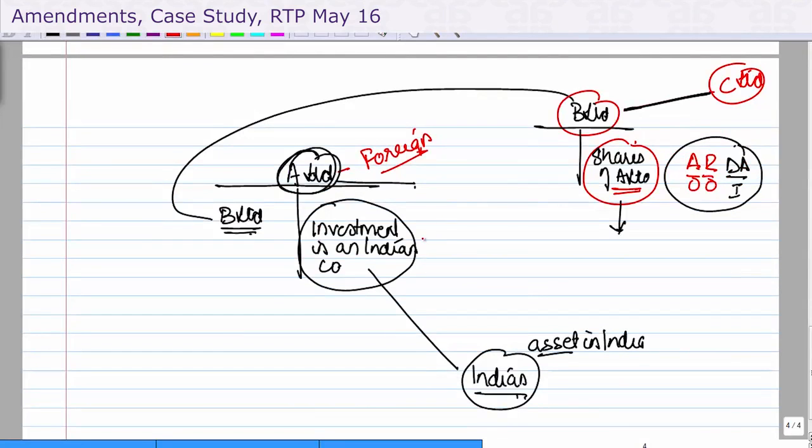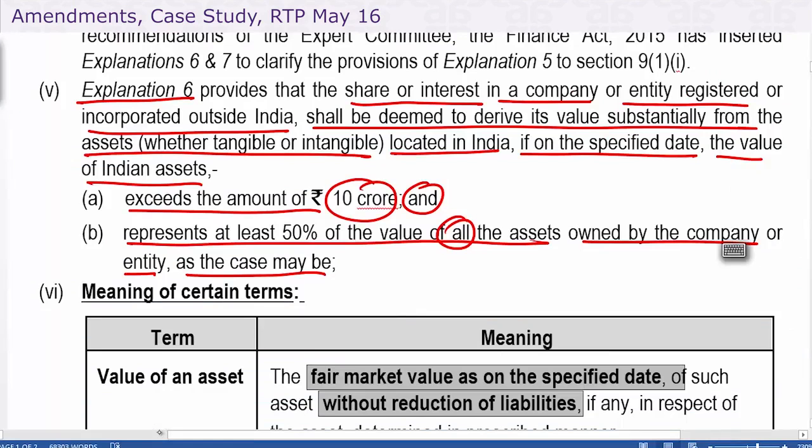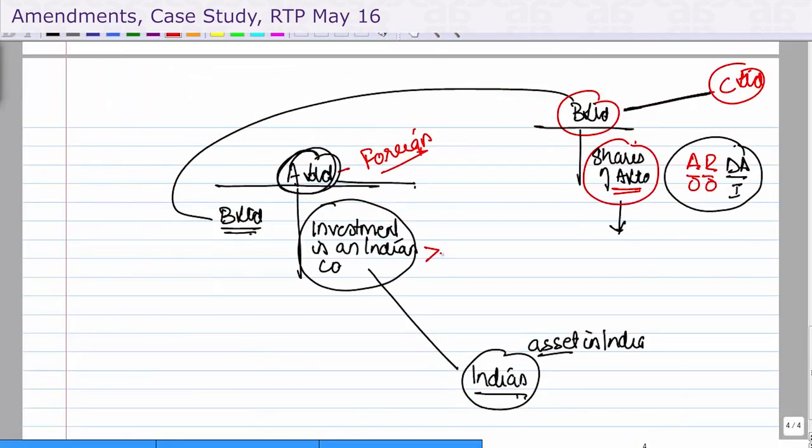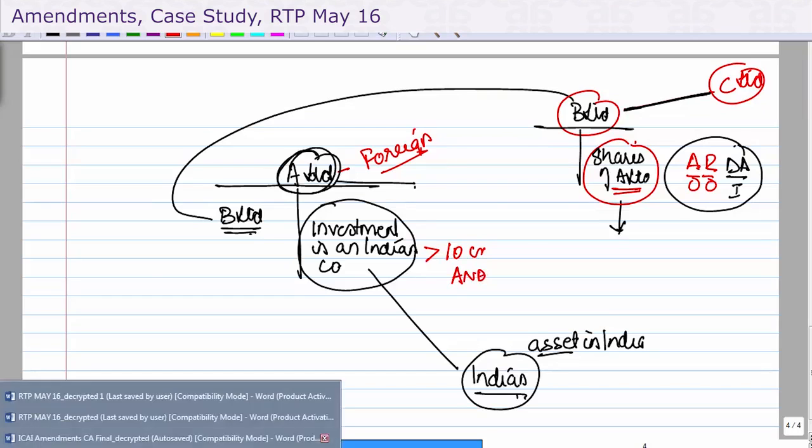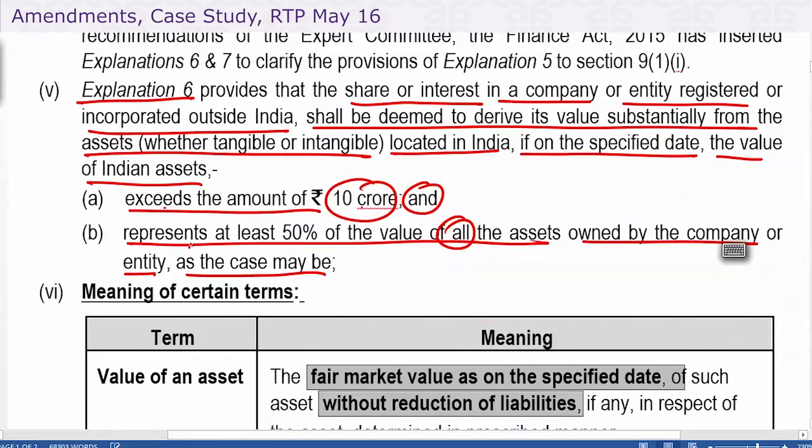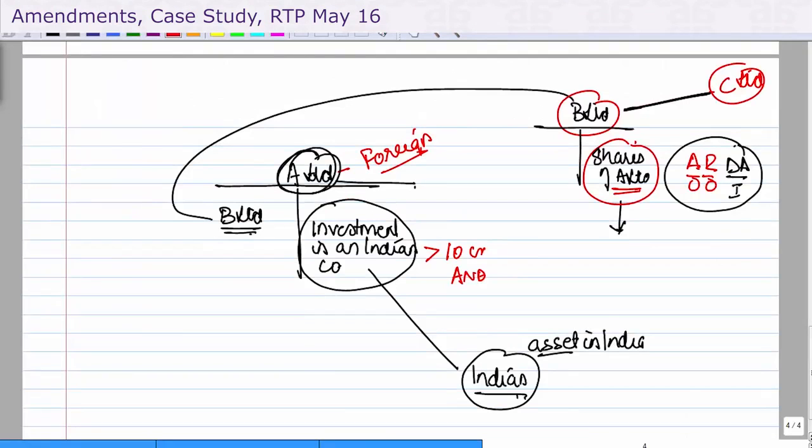Which means, if I go back and look at it, he says, exceeds the amount of 10 crore. So the investment exceeds the amount of 10 crore, and represents at least 50% of the value of all the assets owned by the company or the entity. So if this entity owns whatever is the total value, this must be more than 50% of total assets.